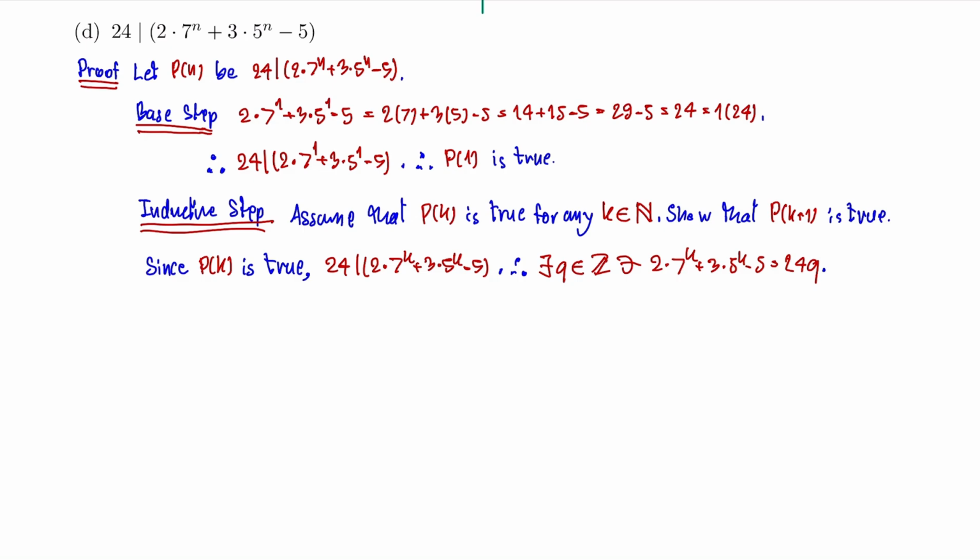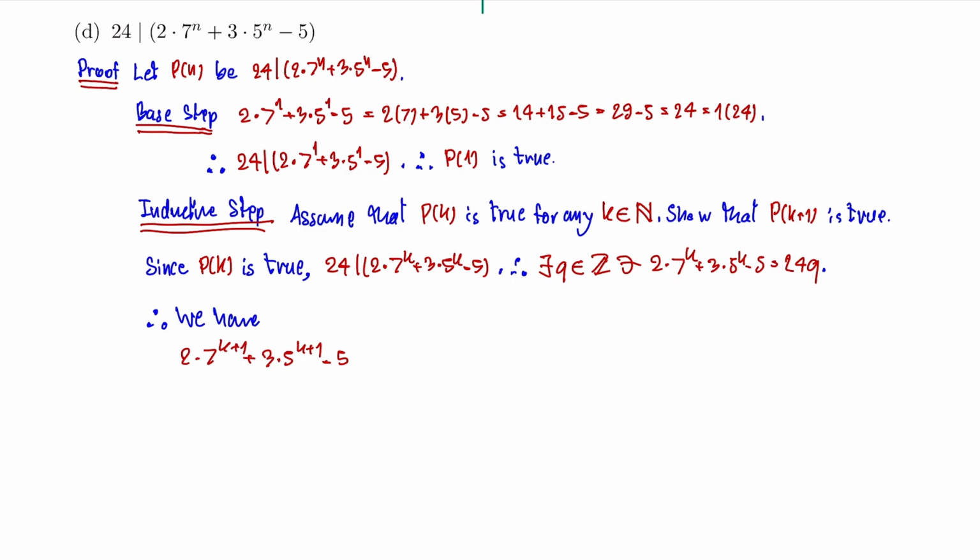And we have to start with P of k plus 1. So we have to plug in k plus 1 into this k. So we're going to have 2 times 7 to the k plus 1 plus 3 times 5 to the k plus 1 minus 5.